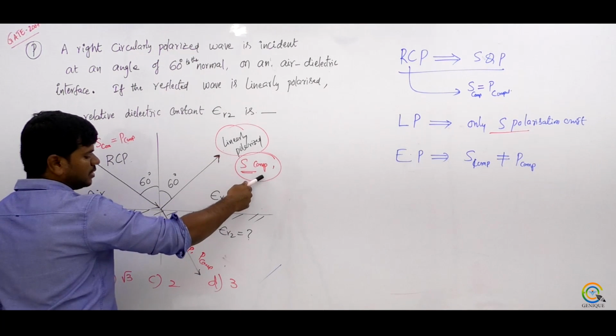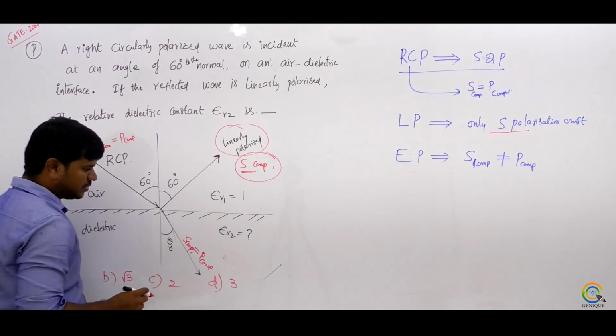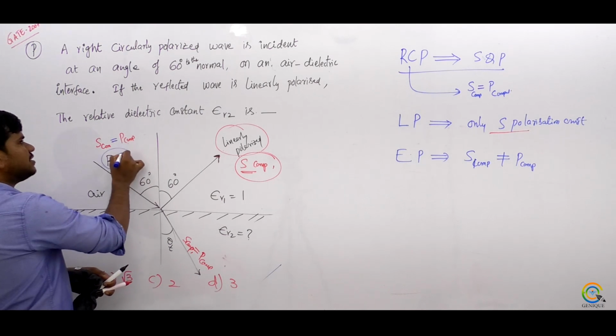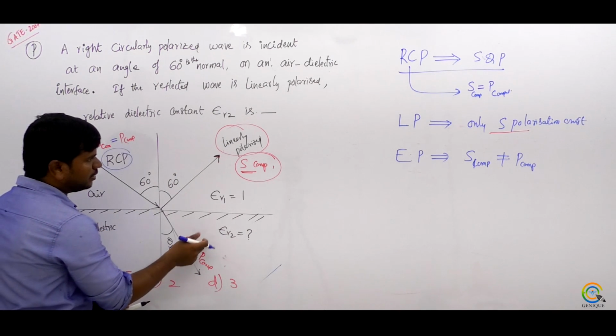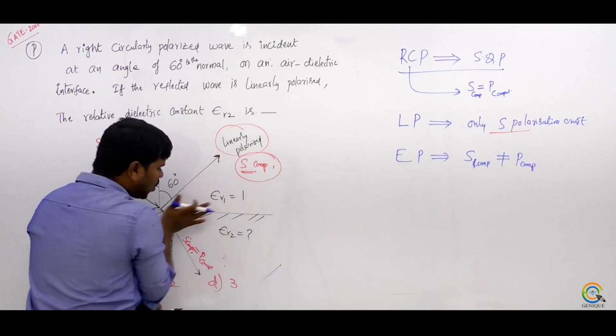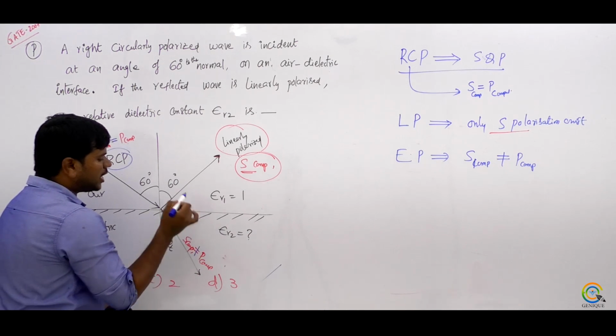But observe this. Are these two equal? See here, we are getting right circularly polarized wave. S component is equal to P component. But here, what happened? Only the P component is blocked here. The total P component is sent back. So that means these two are not equal.